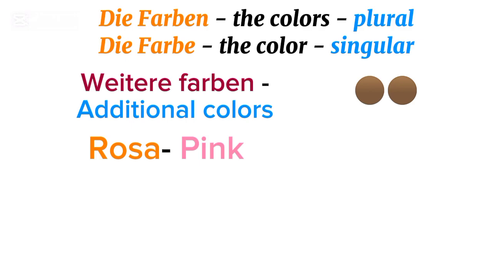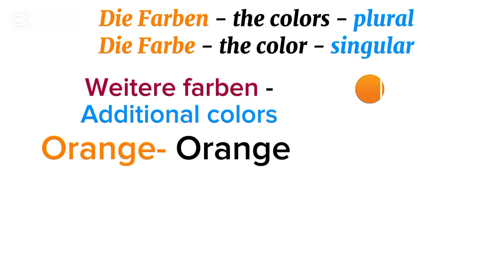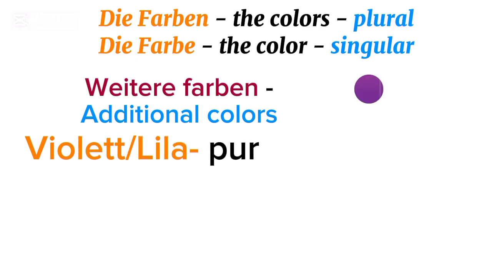Then we also have turquoise, okay? Then we have orange, orange color, okay? As you know, orange color, it is exactly like the orange fruit, okay? We also have violet or the lila. You can call it lila or the violet.